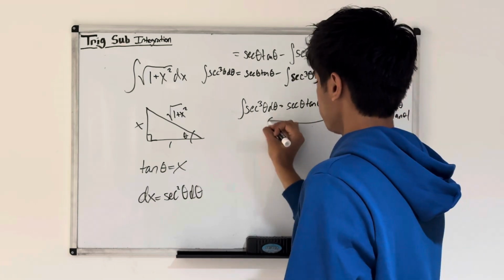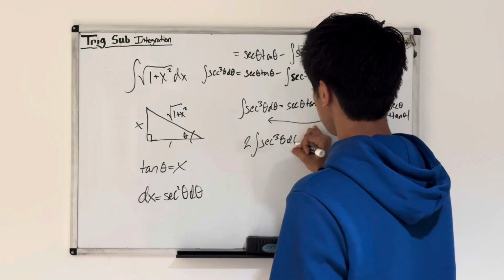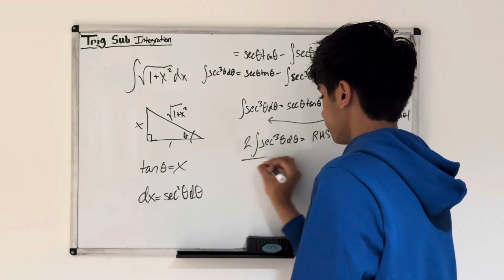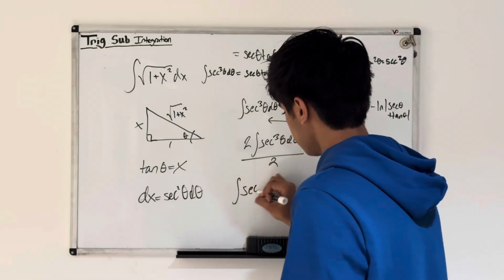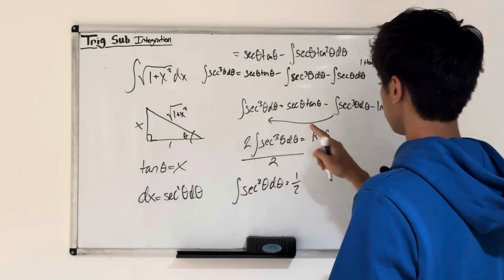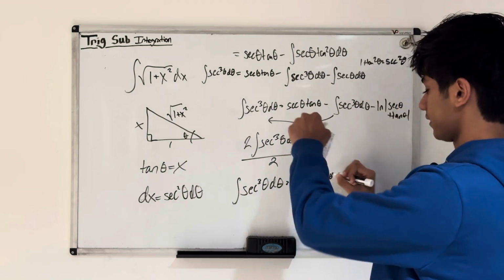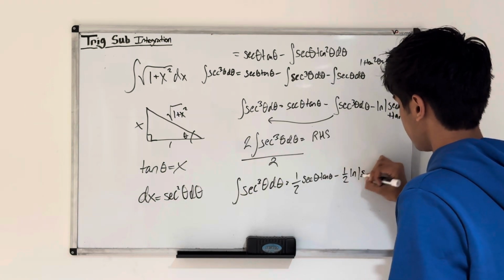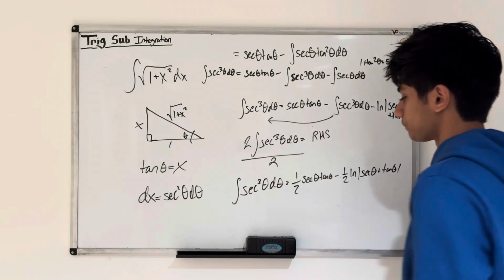We can move this term over here, so that 2 times the integral of secant cubed theta d theta is equal to the right-hand side. Then we divide by 2, and we get that the integral of secant cubed theta d theta is equal to 1/2 secant theta tan theta minus 1/2 ln of secant theta plus tangent of theta.